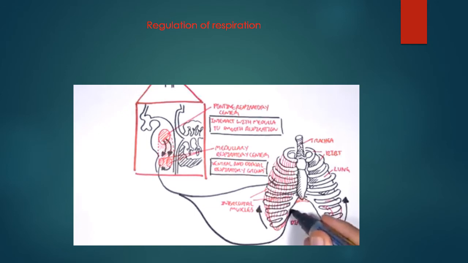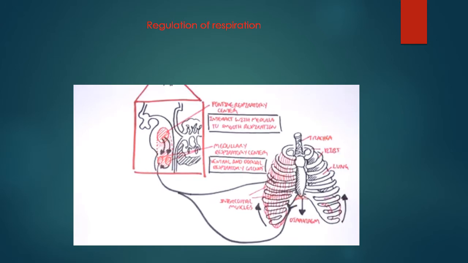So the diaphragm will descend. The respiratory center will send impulses to cause inspiration and expiration. The quicker the impulse, the faster the breathing. The slower the impulse, the slower the breathing. And that's an important concept to understand.